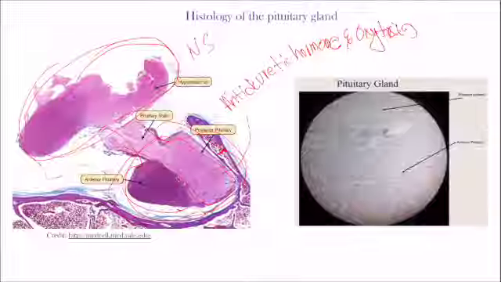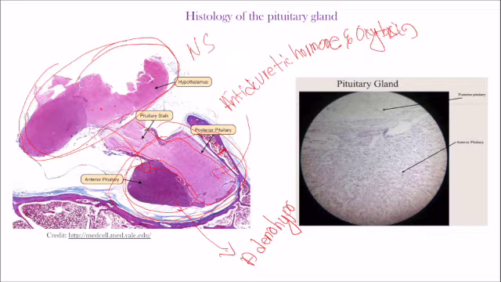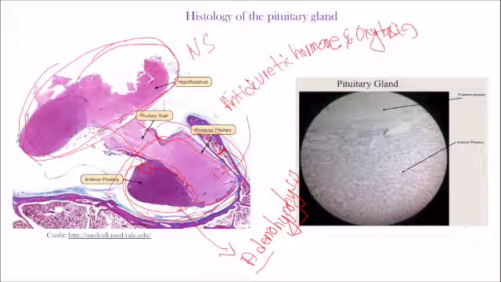But if you look at the anterior pituitary, there is another name for it, maybe your books say this way: adenohypophysis.